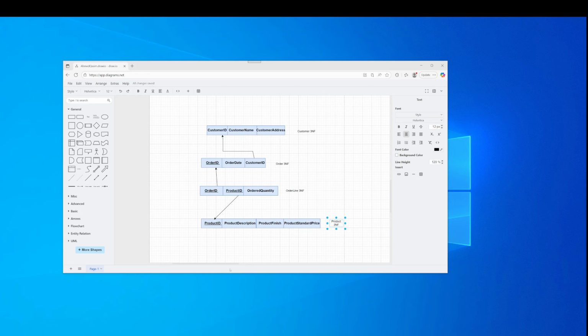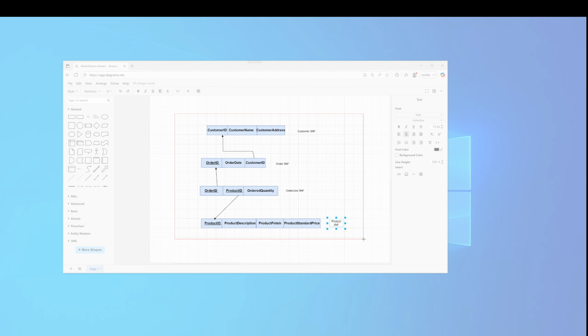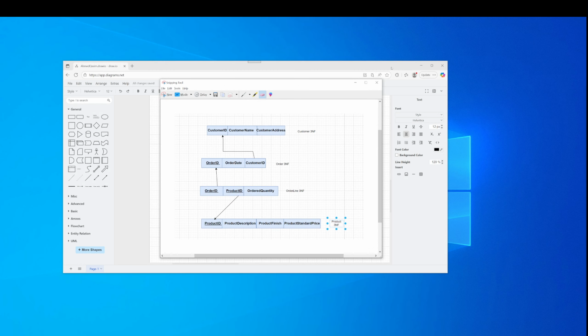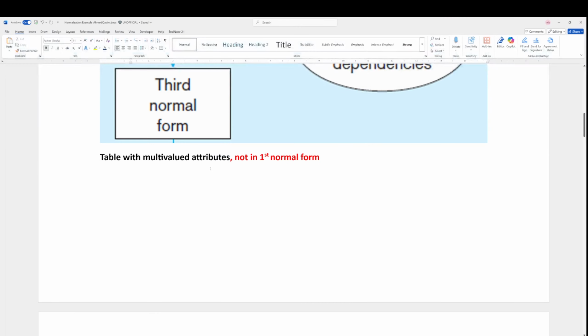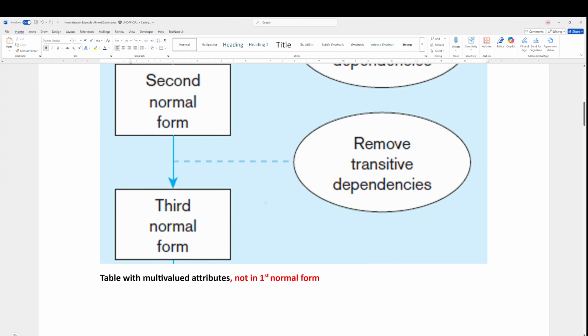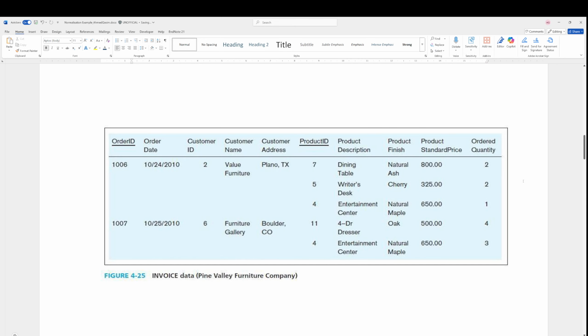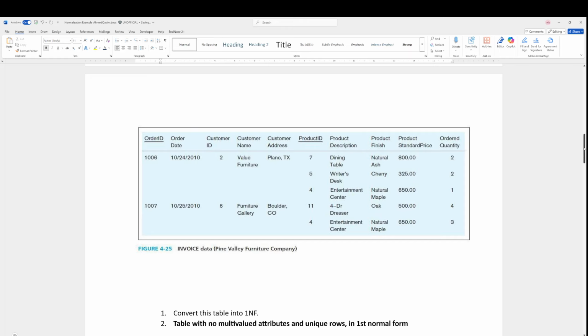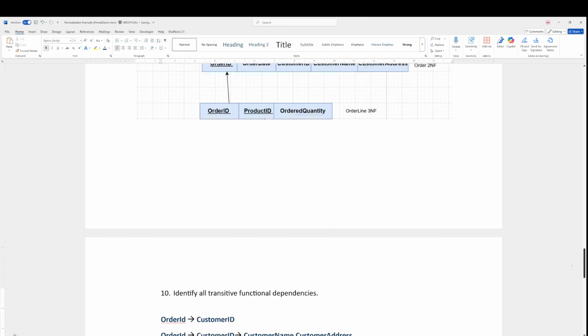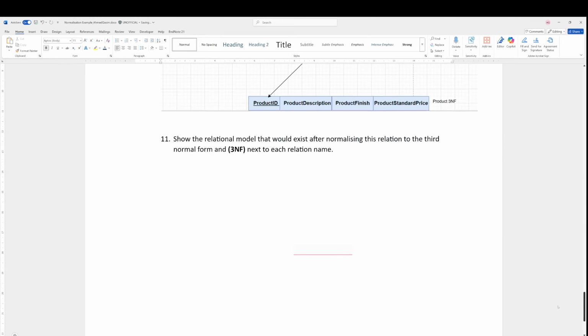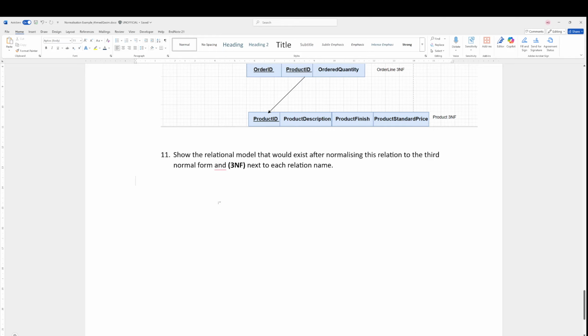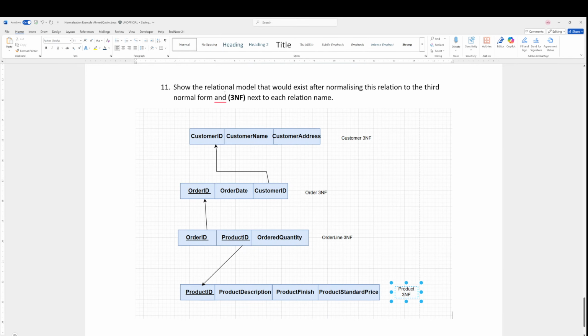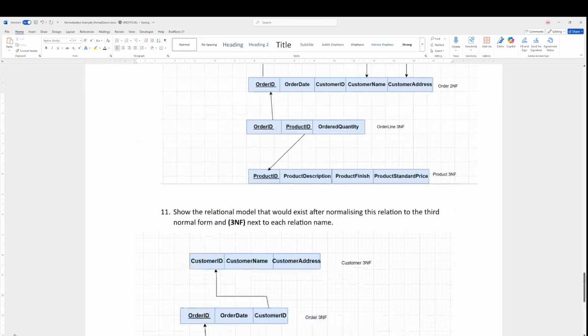Okay, so now we addressed the last task by following these rules: show the relation model that will exist after normalizing this relation to the third normal form.